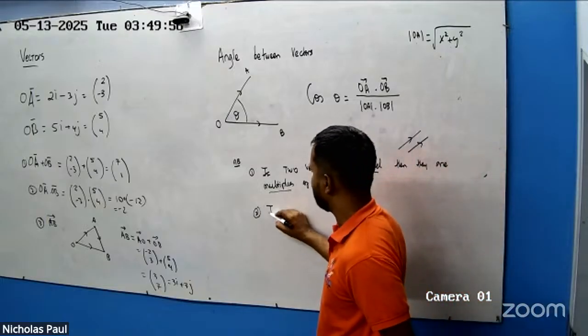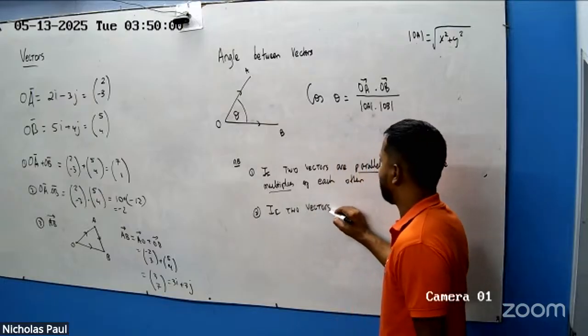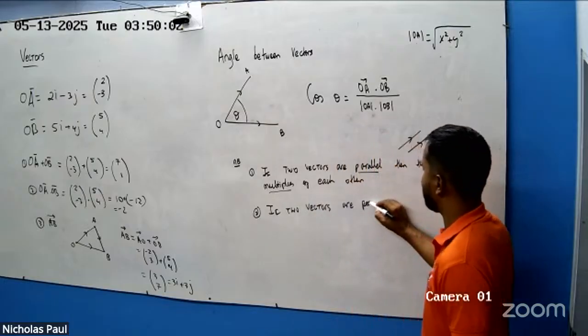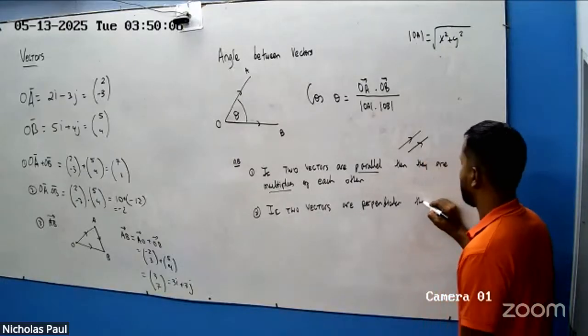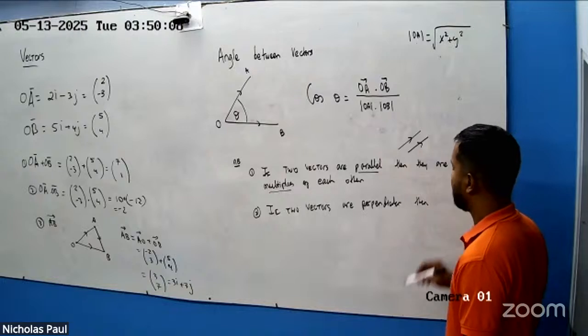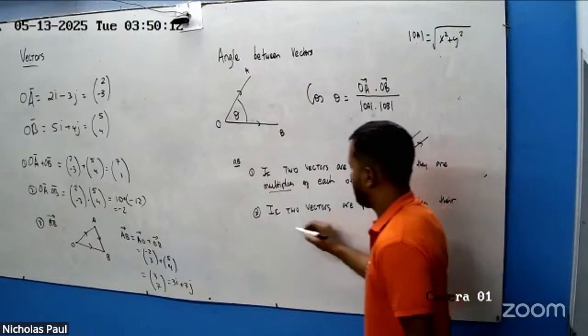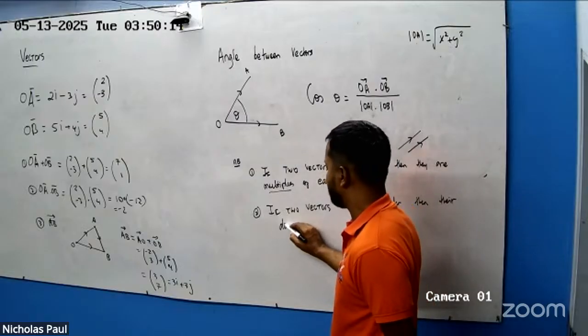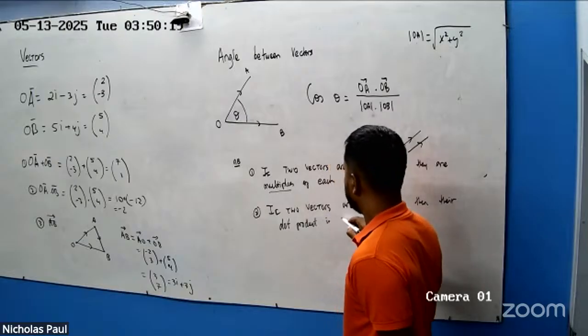And then, if the two vectors are perpendicular, then their dot product is 0.